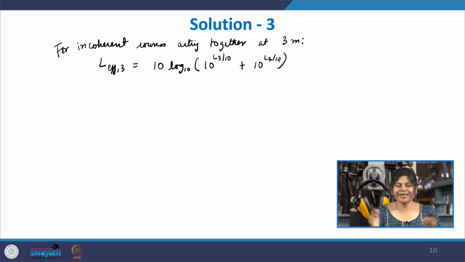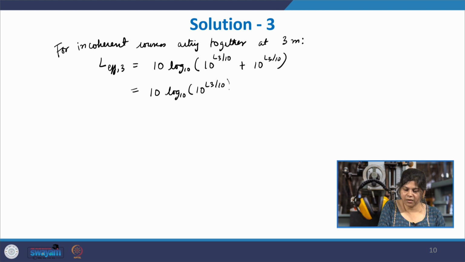We know that two same sources acting together ultimately boil down to a 3 dB increase, the way we have solved it in the previous case.